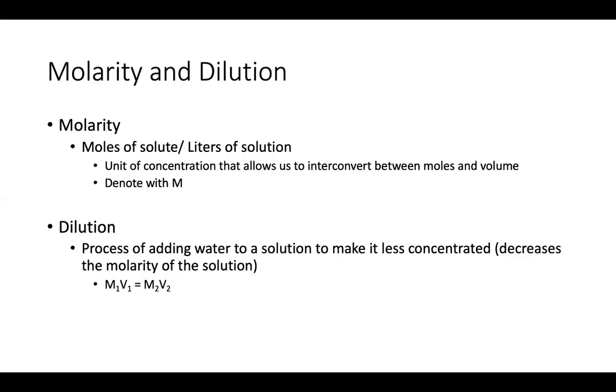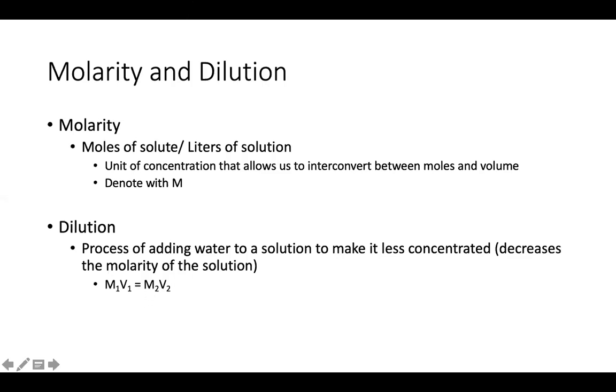And dilution. Remember, dilution is the process of adding water to a solution to make it less concentrated, which means you decrease the molarity of the solution. A great theoretical question that I love is, if you're doing a dilution, you can never have a more concentrated solution at the end. Your M1, the molarity at the beginning, will always be higher than your M2.